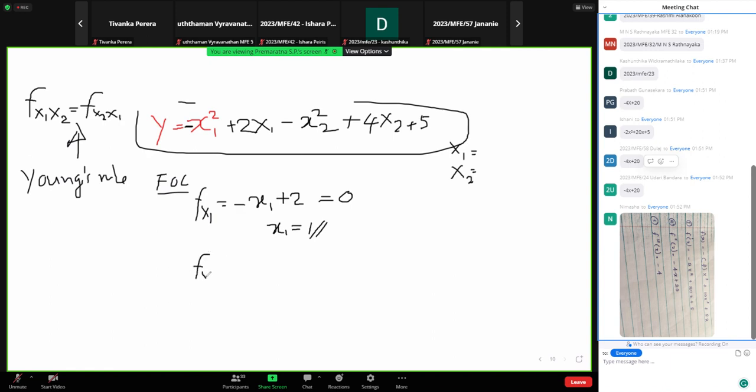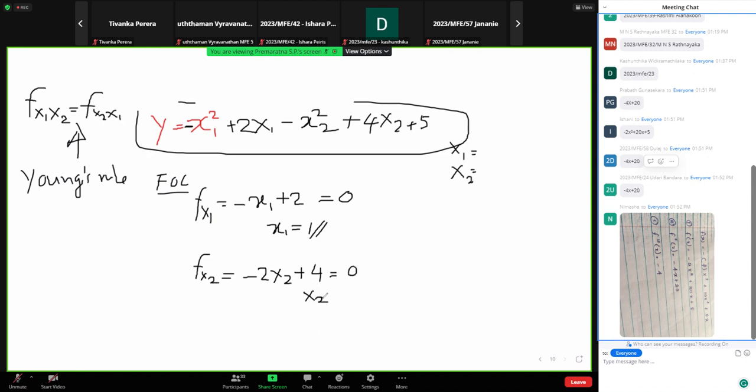For x2, when you differentiate, it becomes minus 2x2 plus 4. This is also equal to 0.